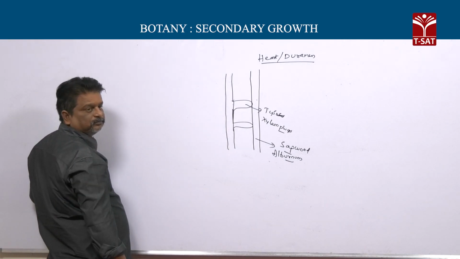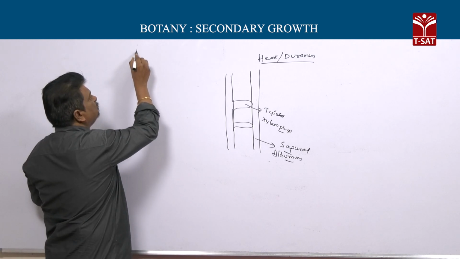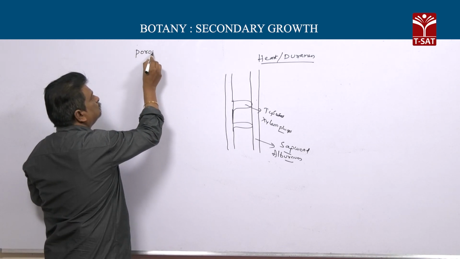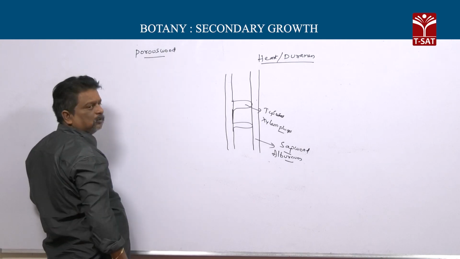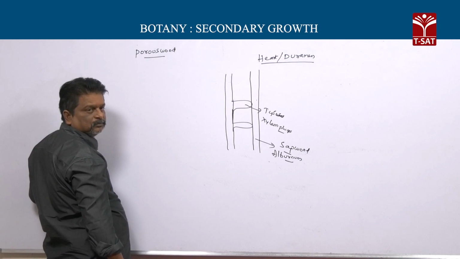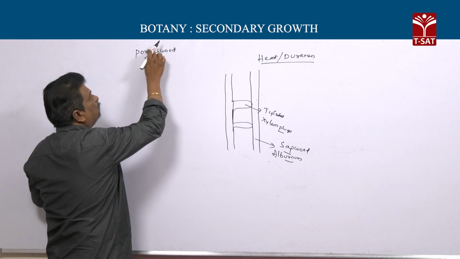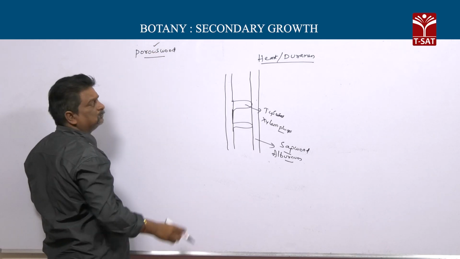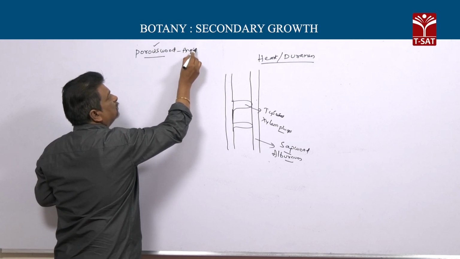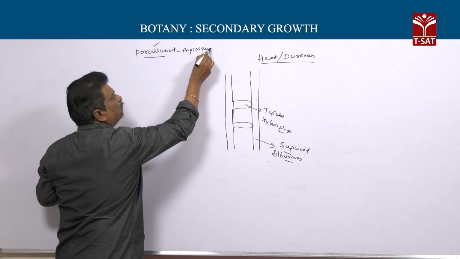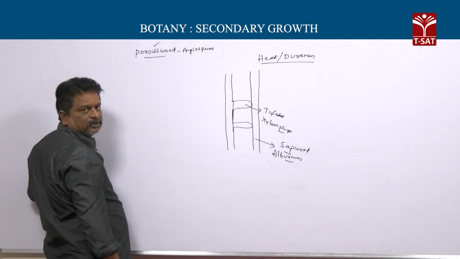Now, types of wood. In angiosperms, the wood contains vessels, rightly called porous wood. So in angiosperms, wood is porous. Porous means it contains vessels.